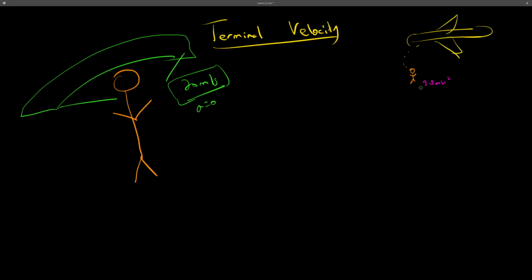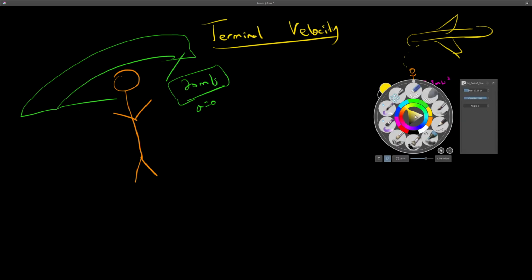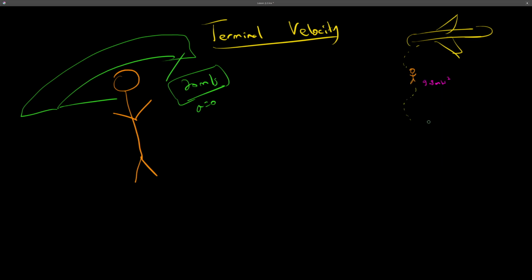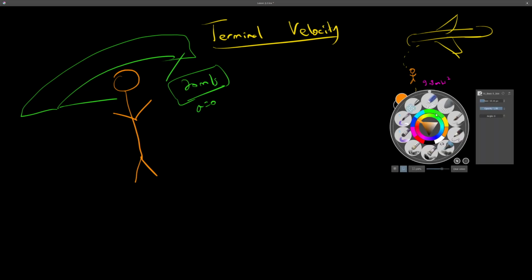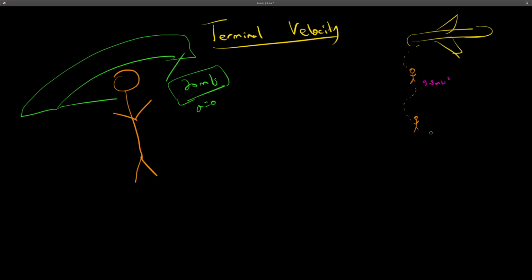Free fall. And he's going to continue accelerating until some point where his velocity reaches, for example, 50 meters per second. V is equal to 50 meters per second. He just stops accelerating. And how does this happen?